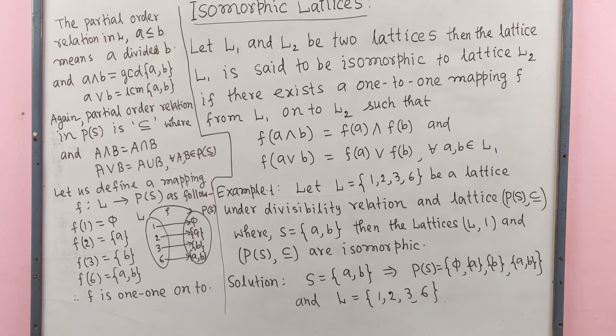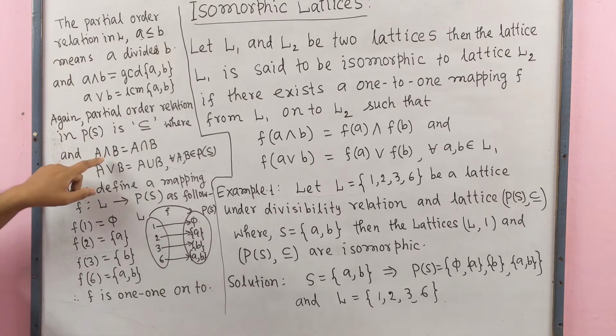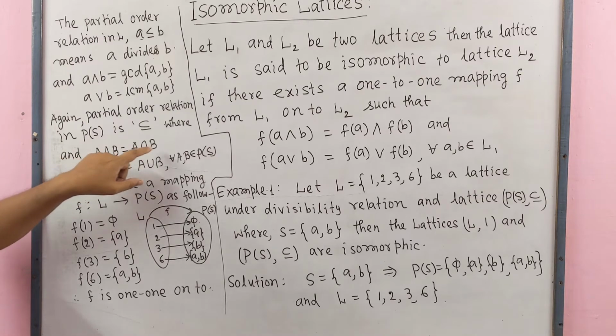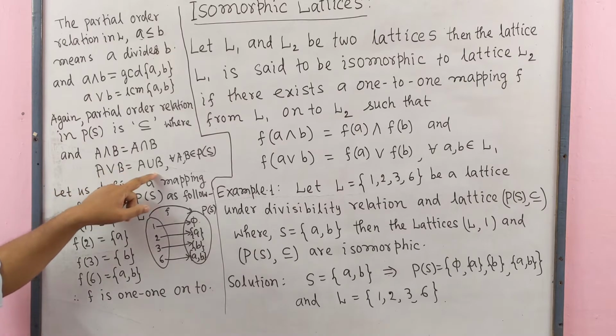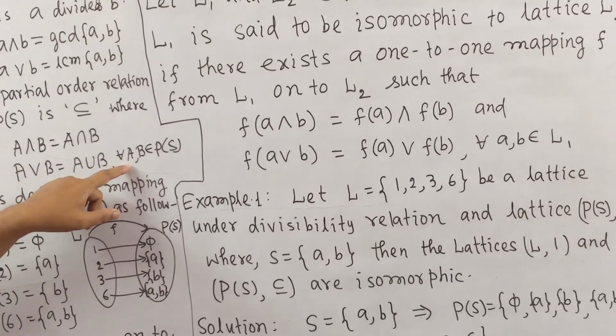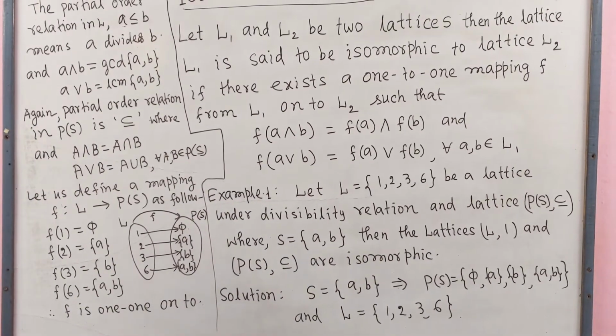Again, the partial order relation in P(S) is subset and the operations are A meet B equals A intersect B and A join B equals A union B for all A, B belonging to P(S).